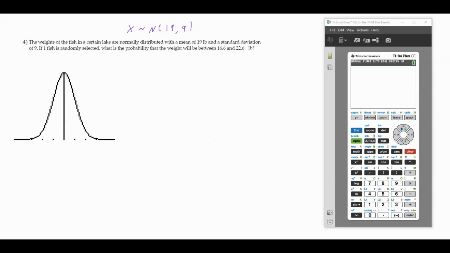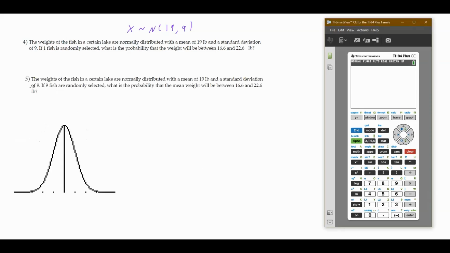Now, I'm going to copy in number 5 as well, because I want you to see the difference between the two questions. So if I look at number 5, it reads almost the same. It's the same context. It wants even the same range of probabilities between 16.6 and 22.6.